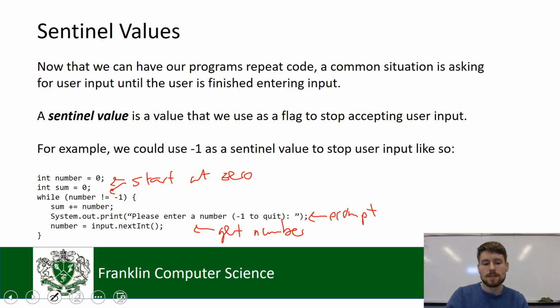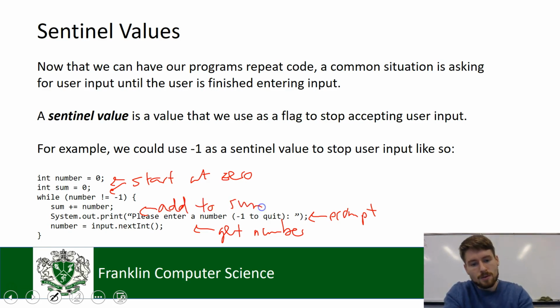That's this add to sum. Whatever the number is, we add it to sum. So this is a while loop that's going to continue running, and when they type -1, our sentinel value, the loop is going to quit, and you'll have the sum of all the numbers they entered.